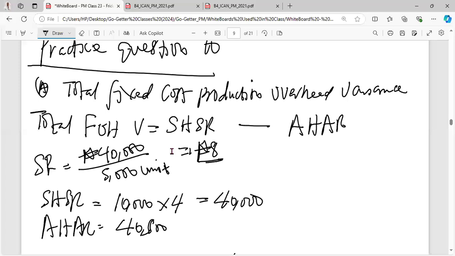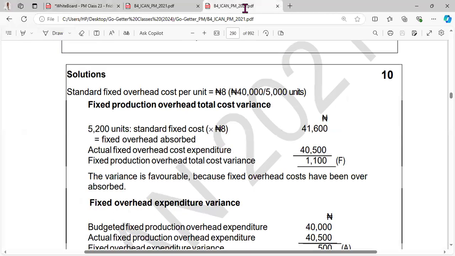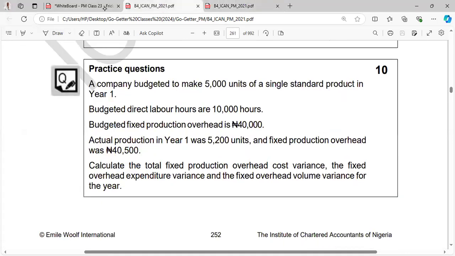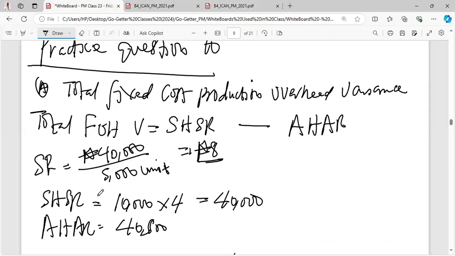Okay, that's one. If you are making 8 naira per unit and you're making 5,200, this 8 naira is the standard that you are doing.